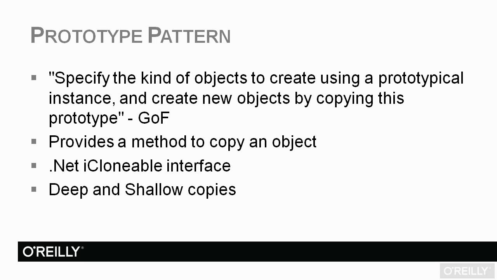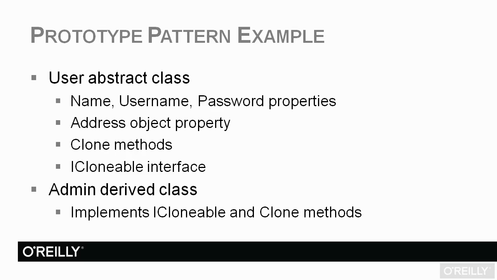In our implementation, we want to provide a method on the object to copy itself. In .NET, we use the ICloneable interface, and the ICloneable interface has a single method to it called Clone, and Clone will return a copy of a given object. We also have to talk about deep and shallow copies. So as an example, we want to copy a user object.